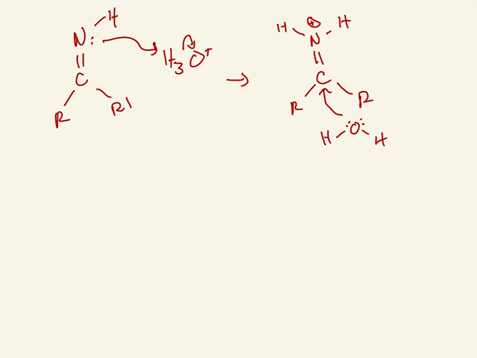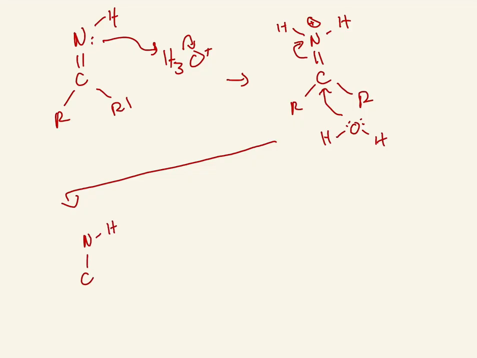And then this will move the electrons from the pi system between the carbon and nitrogen onto the nitrogen here, and we'll have basically a tetrahedral intermediate with an amine.